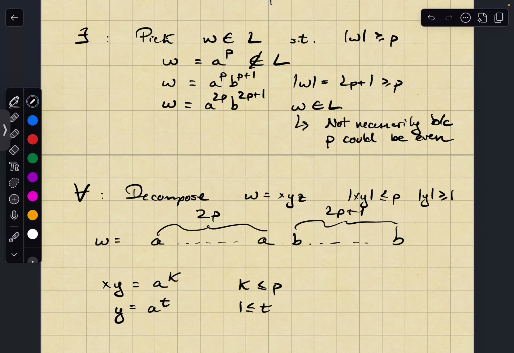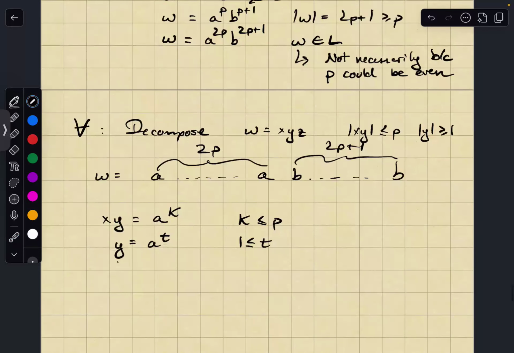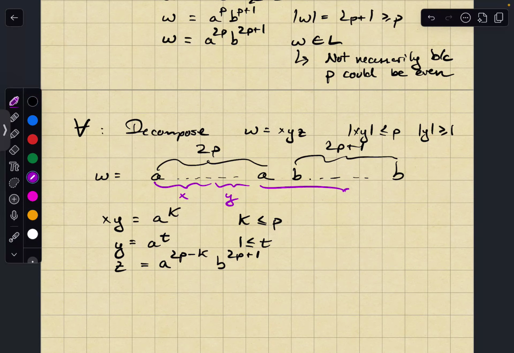Okay? And then the Z, right? So the Z is just the rest. So I can just say it's A power 2P minus k, and then B power 2P plus 1, right? So this is the X, this is the Y, and this is the Z. Okay?